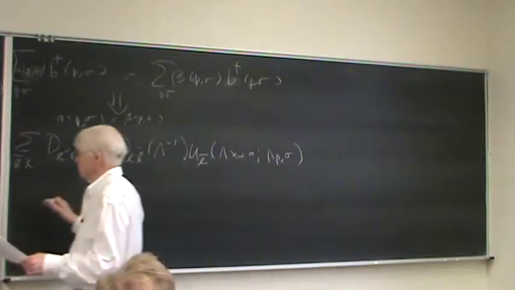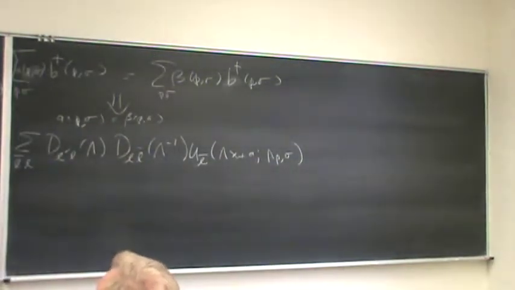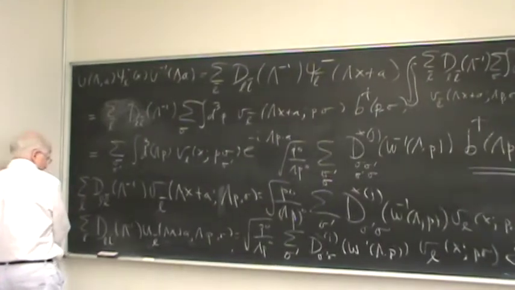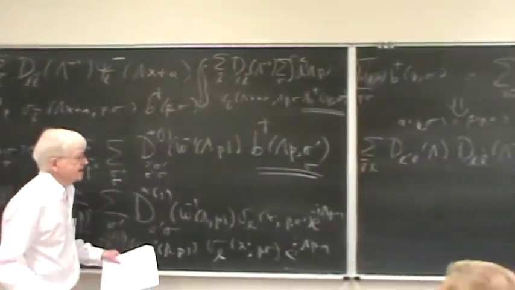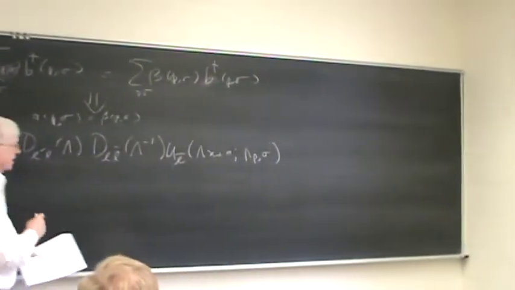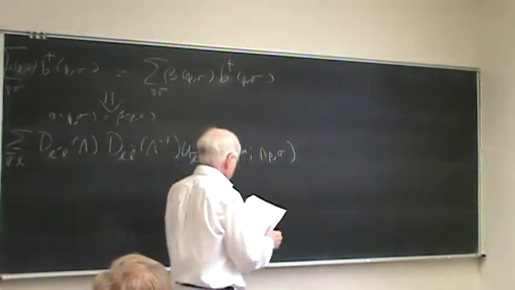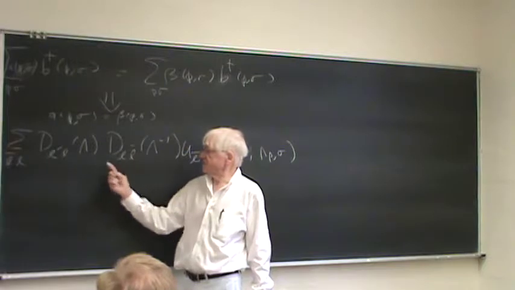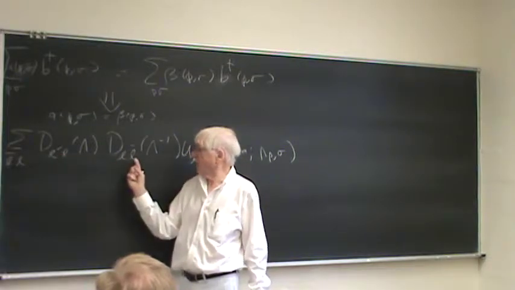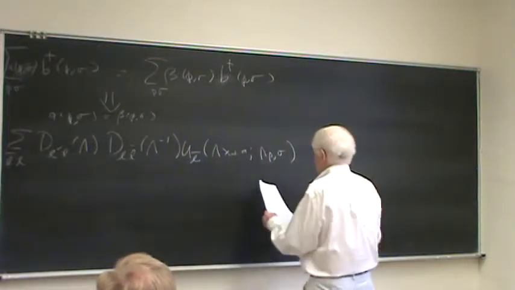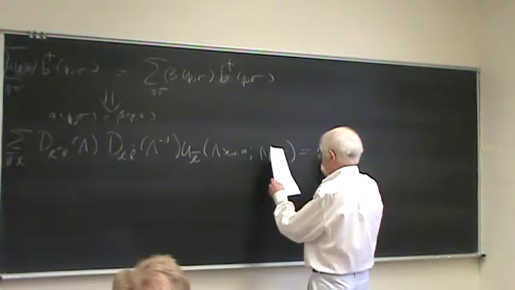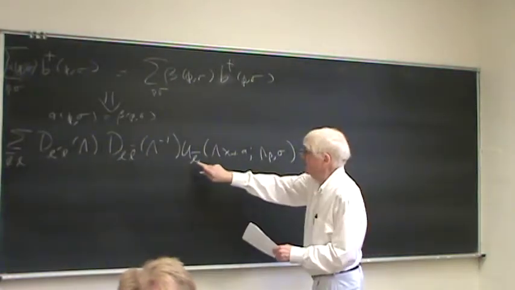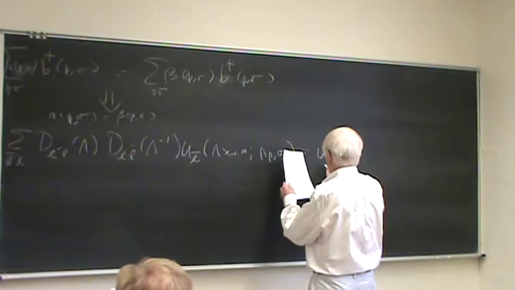So what I'm doing is acting on this bottom equation, multiplying from the left by another d, the d is l'l, and then summing over l. Well, this just gives you d inverse, and so this just gives you delta l' l bar. And so this is actually something very simple. It's just that l bar turns into l prime.